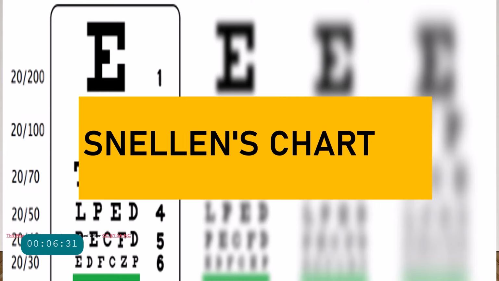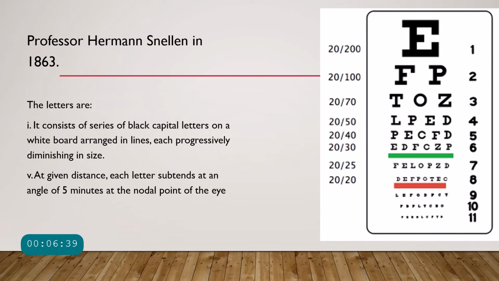Now, let us talk about the Snellen's chart, because we know this is the basic chart that is used in the clinic for determination of the visual acuity of the patient. The Snellen's chart was developed by Professor Hermann Snellen in 1863. As you can see in this picture, it consists of a series of black letters arranged on the whiteboard in lines.